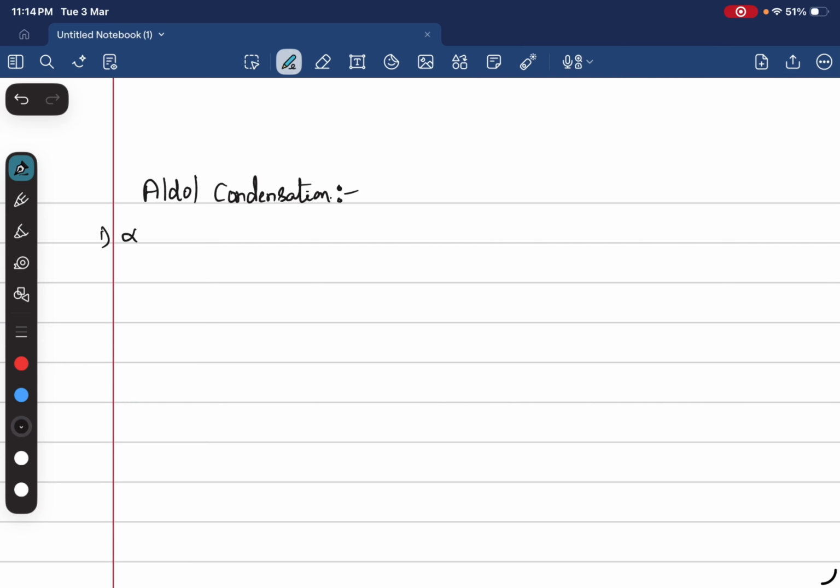Carbonyl compounds should have alpha hydrogens, and dilute base is used in this reaction, like dilute NaOH or Ba(OH)2.